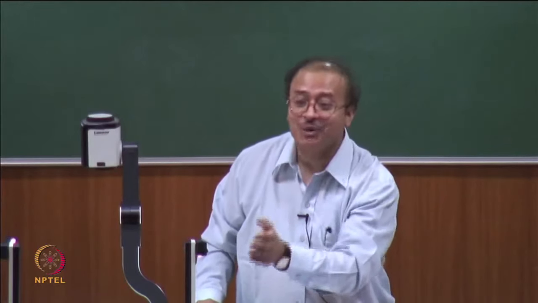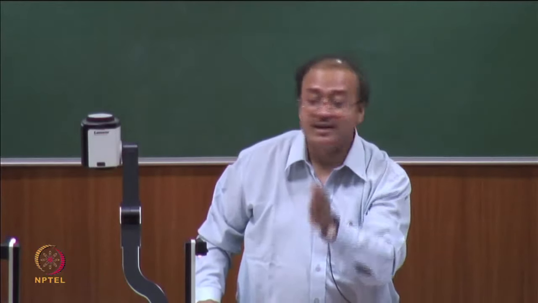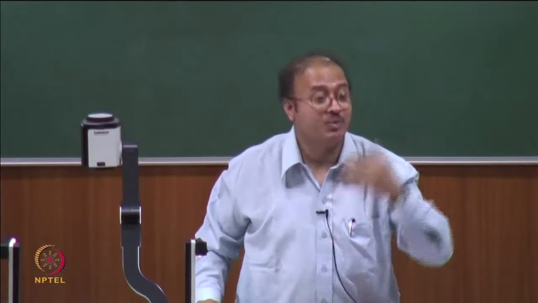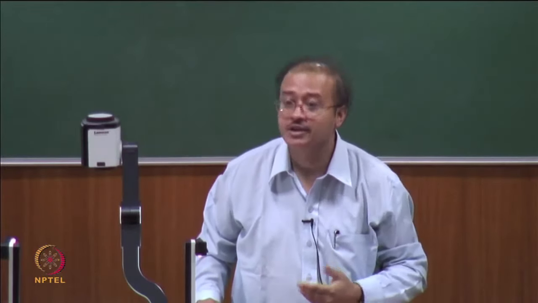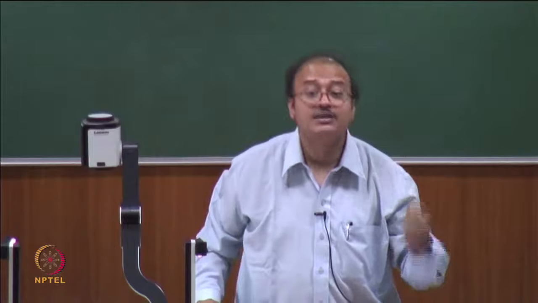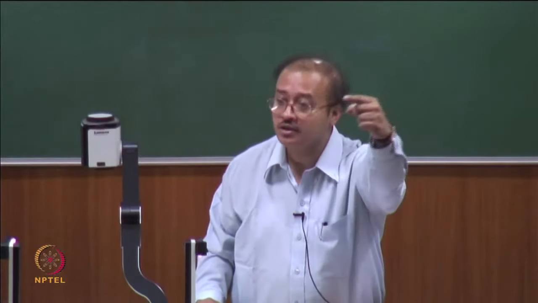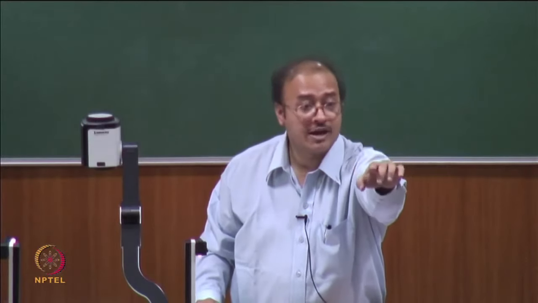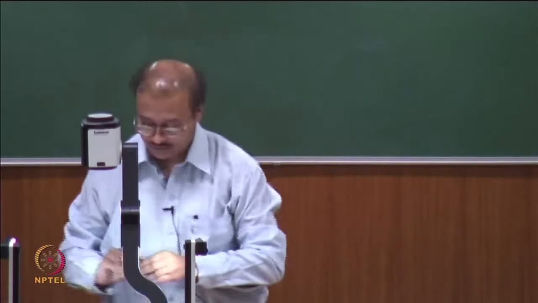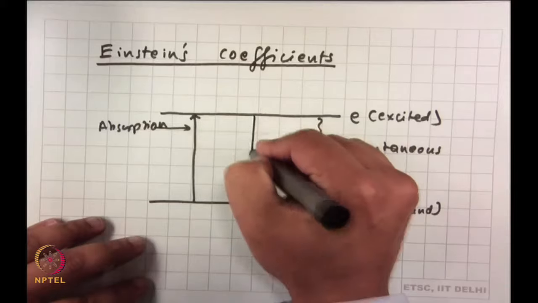If one is spontaneous, it just comes down by itself, it does not have to be told to come down to the ground state. The other one is stimulated, that means something stimulates its transition from the upper level, the excited state, to the ground state.